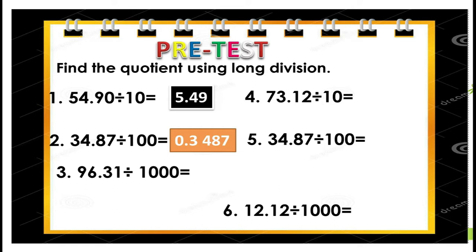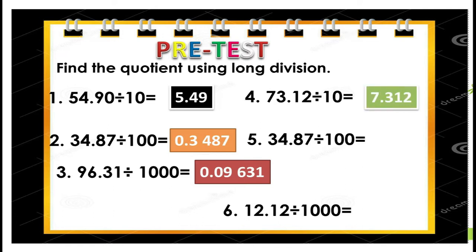For number 3, 96 and 31 hundredths divided by 1,000 equals 9,631 hundred-thousandths. For number 4, 73 and 12 hundredths divided by 10 equals 7 and 312 thousandths.